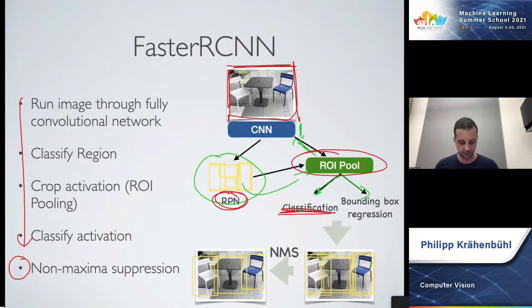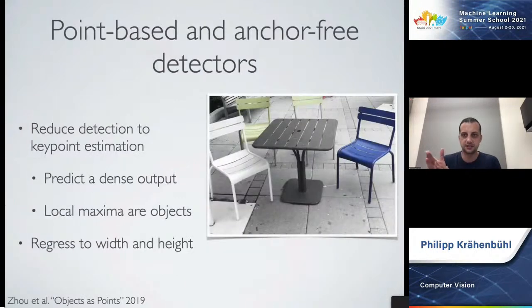And so these detectors have really been dominant from about 2015 to about 2020. And around 2019, a different theme of detectors emerged that did not use the RPNs or these proposals anymore. The key idea was to reduce object detection to a classification problem of centers of objects.